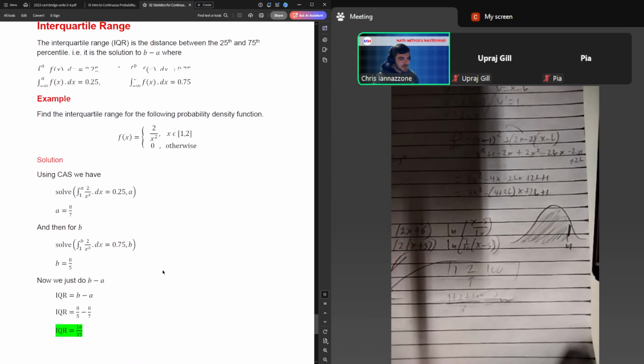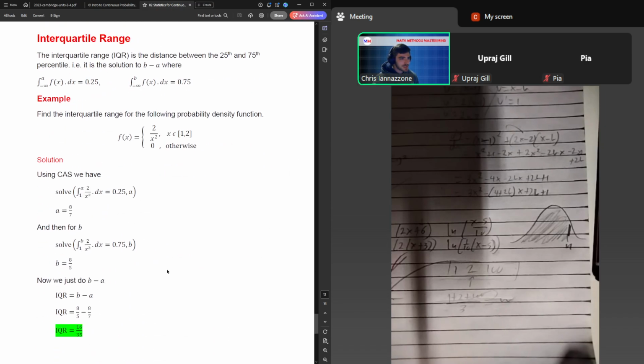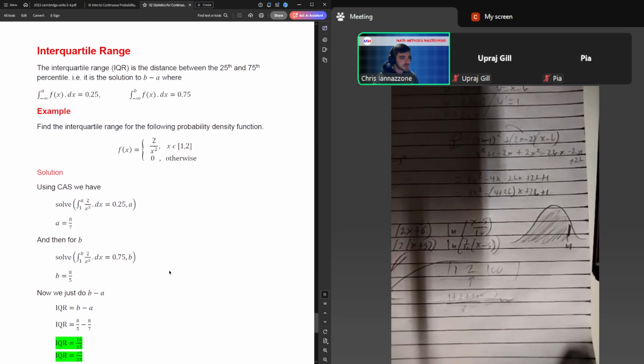And then lastly is the interquartile range. If you've done general, I believe this gets covered, although not using integrals, obviously. But it's basically just the distance between the 25th and the 75th percentile. So it just means solve both of those percentiles and then do b minus a.